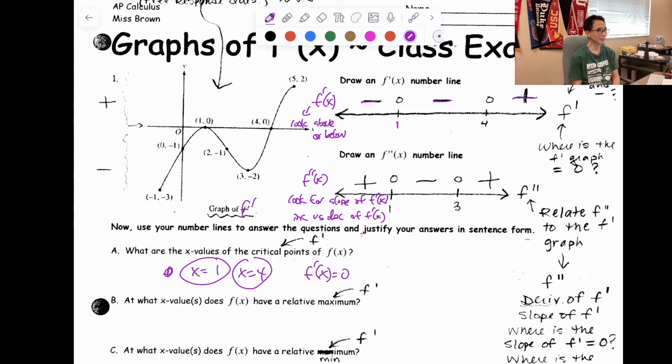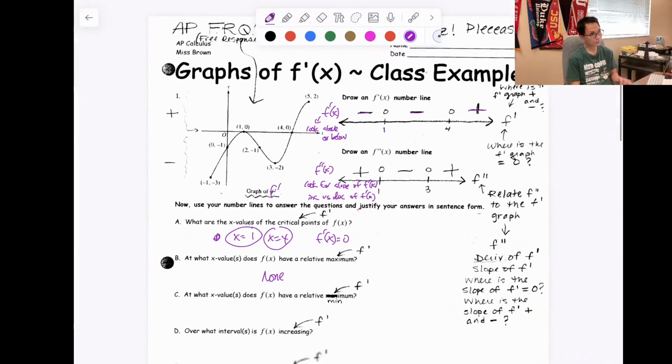Oh yeah, because it never changes from positive to negative in the graph of the slope. So if it's absolute, we would put 5. But since it's relative, there's none. Not even necessary is 5. It's possible 5, but it's not necessary.